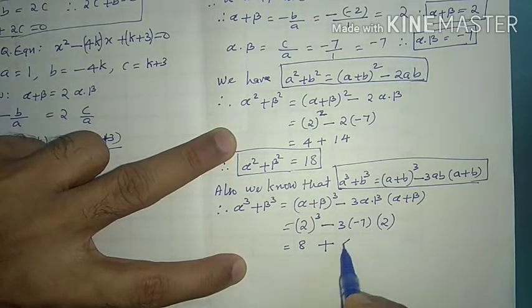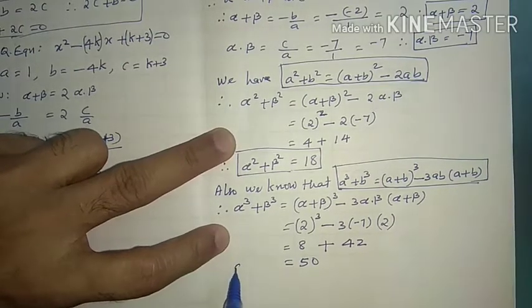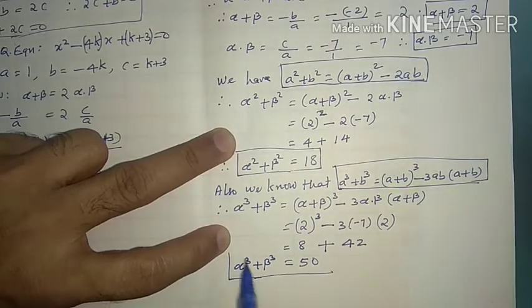The 21 twos are 42. 8 plus 42, 50. So alpha cube plus beta cube is equal to 50.